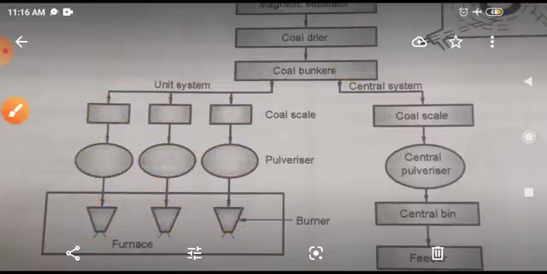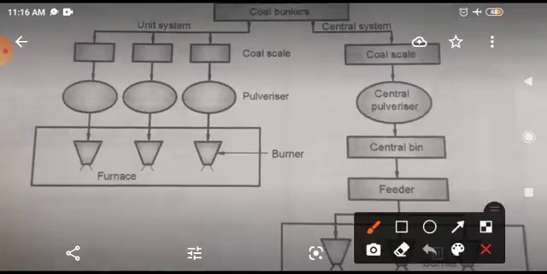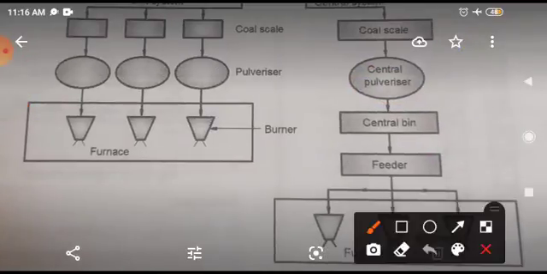And here you can see what happens in the central bin type. In the central system, first the total coal is scaled. All the coal supplied to this central system is pulverized, then it is fed to the central bin and then the feeder, and then with high pressure air the pulverized coal is fed to the burners.